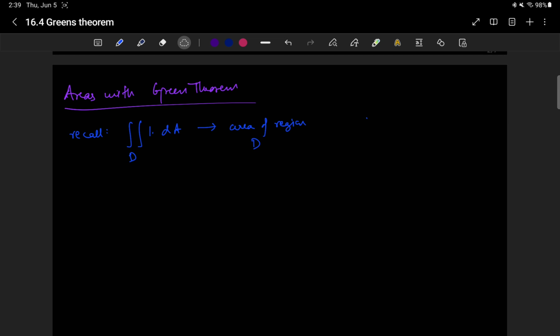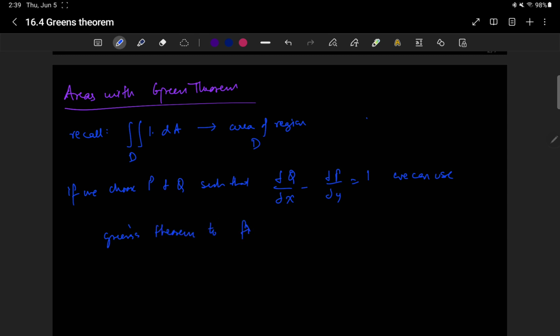So if we choose P and Q such that del Q over del x minus del P over del y equals 1, we can use Green's theorem to find area.